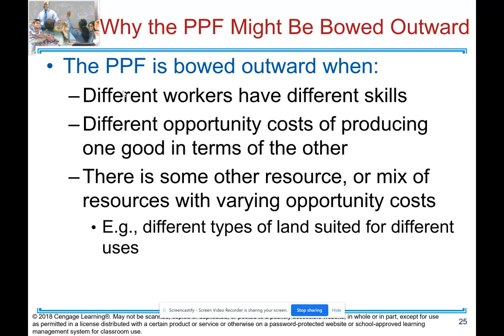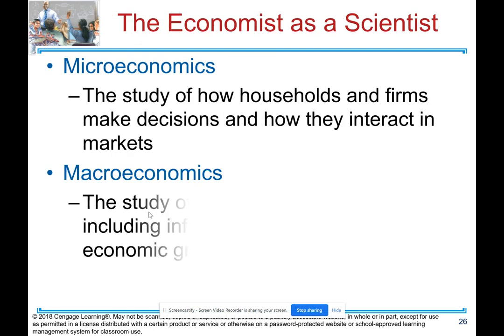Different workers have different skills, different opportunity costs of producing one good in terms of the other. There is some other resource or mix of resources with varying opportunity cost. For example, different types of land suited for different uses. Resources are not adaptable to alternative uses. That is what causes the cost to increase as we produce more of one good.